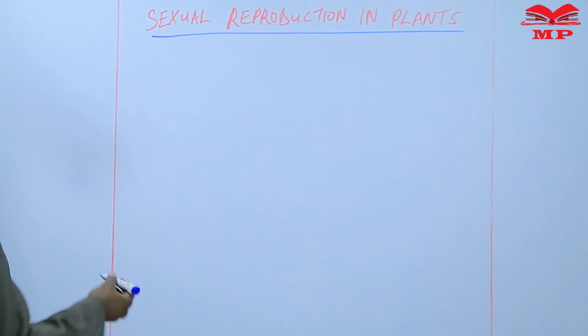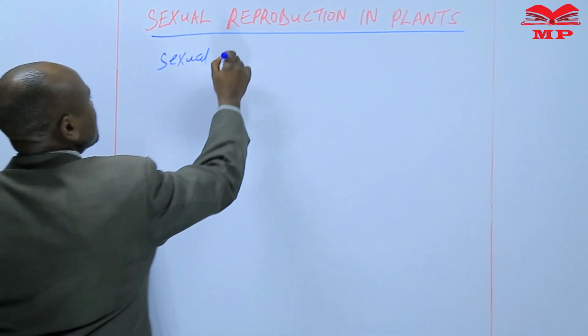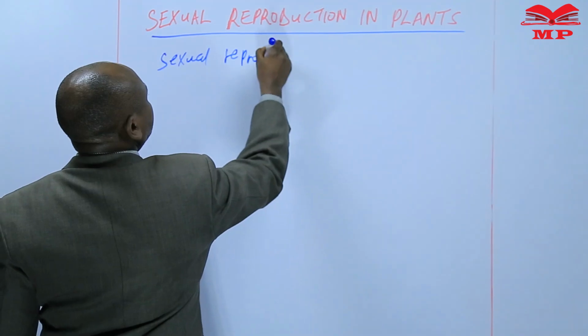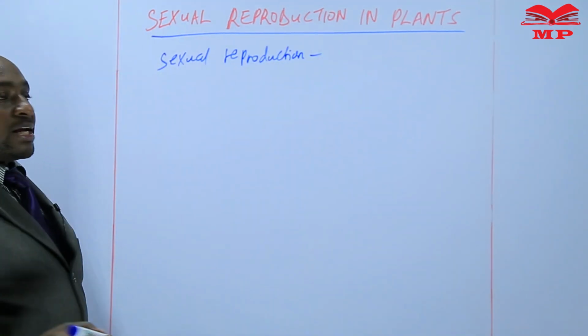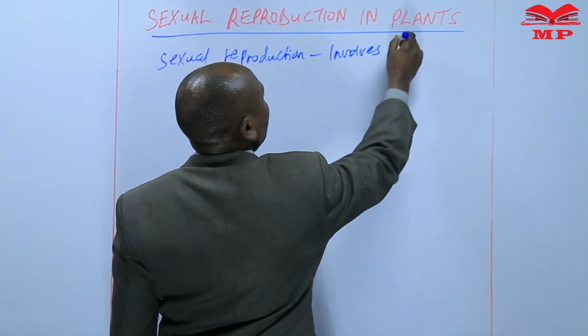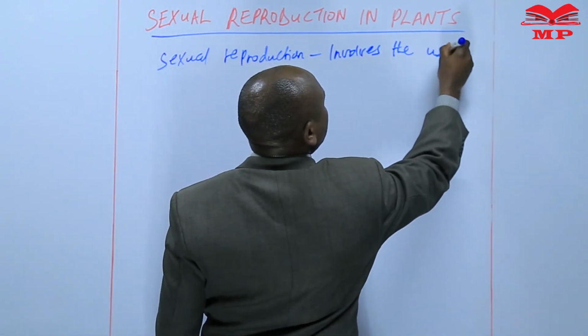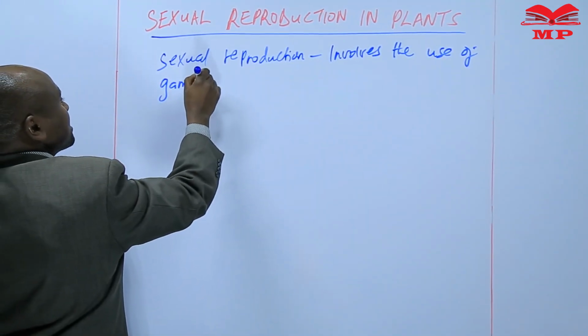So first of all, when you talk of sexual reproduction, basically we are saying that it involves the use of gametes.